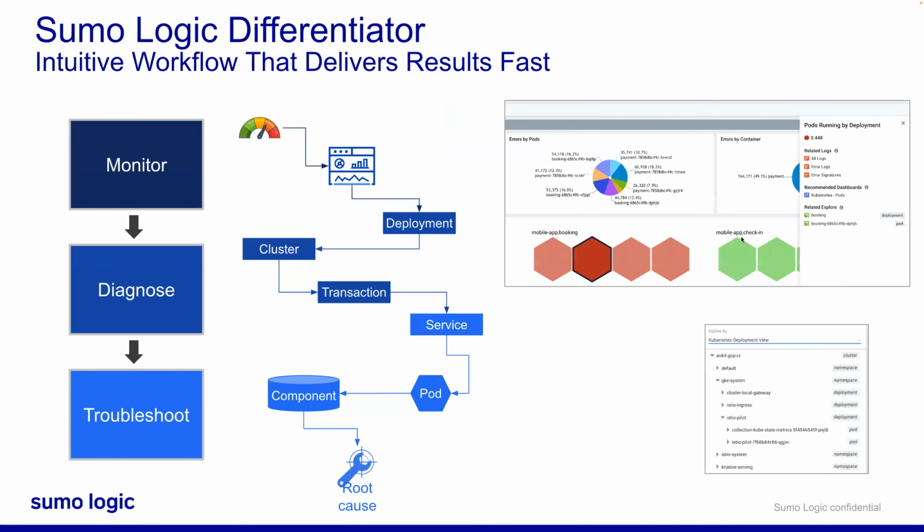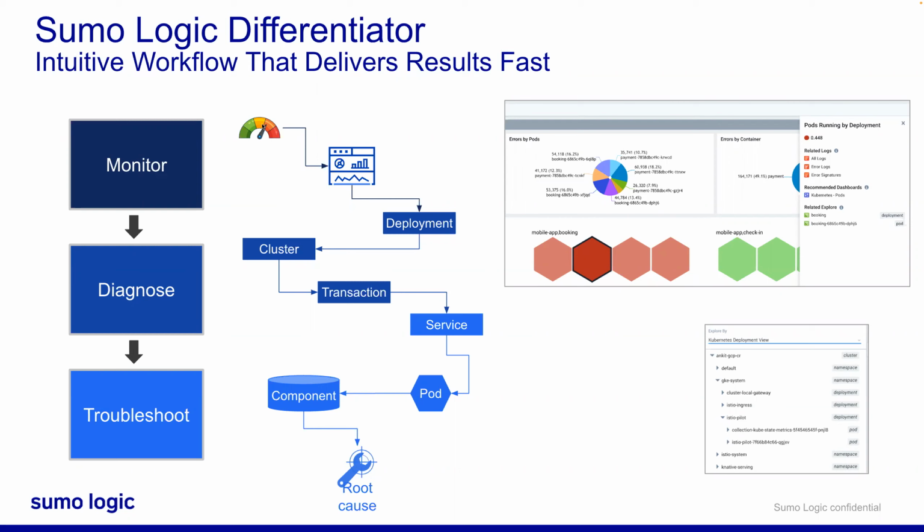This slide, I'm starting to get a little repetitive with it, but once again, on the left-hand side of the screen, it shows monitor, diagnose, troubleshoot. What I'm showing in the center portion is that as you want to get deeper into that observability, you need to get deeper into your data, essentially.